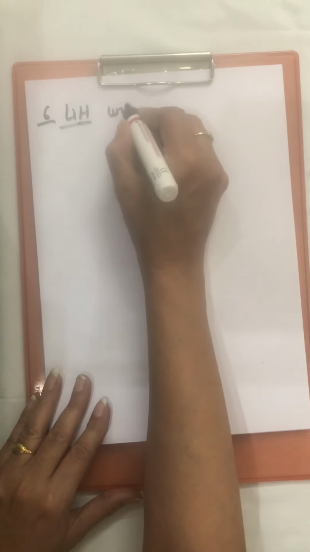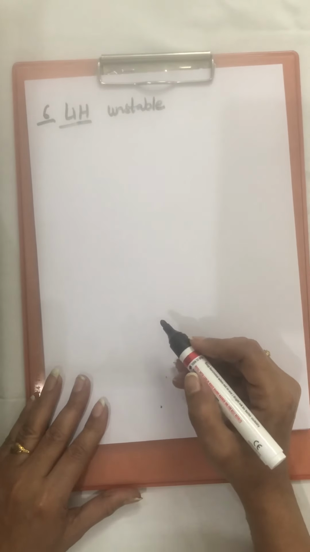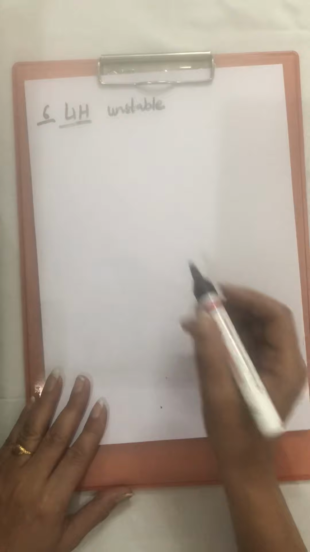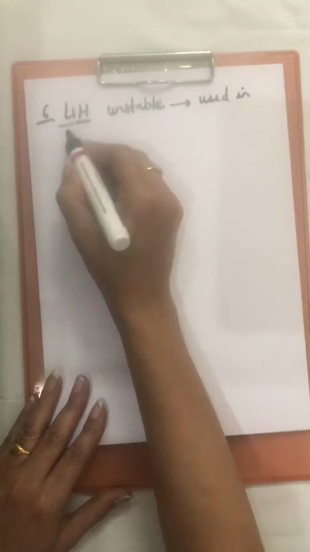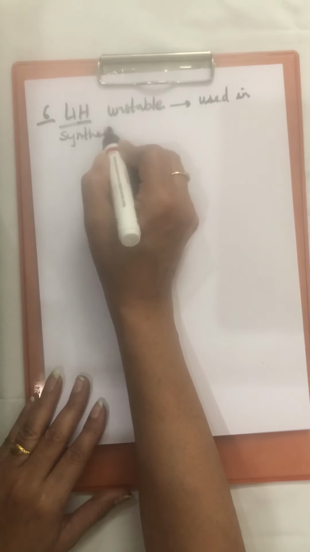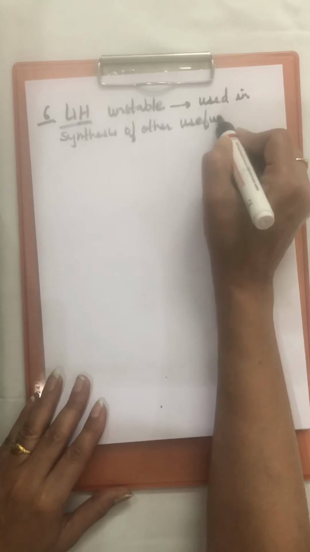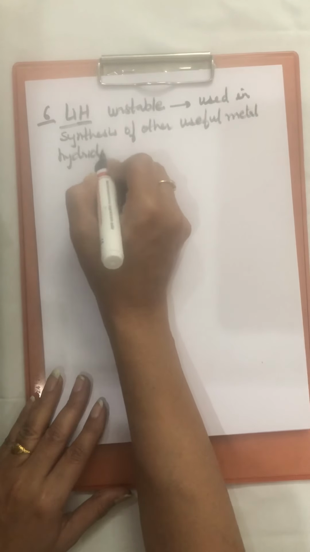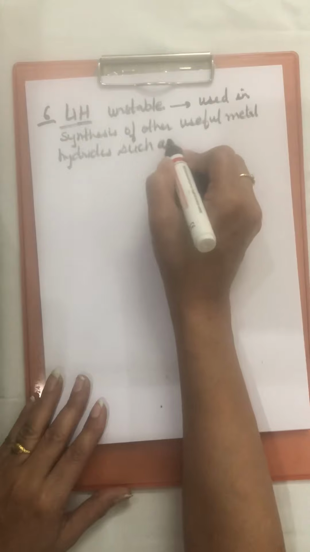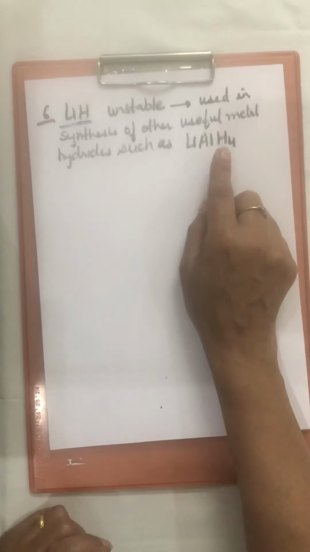It is unstable, so it is used in synthesis of other useful complex metal hydrides such as lithium aluminium hydride, that is LiAlH4.